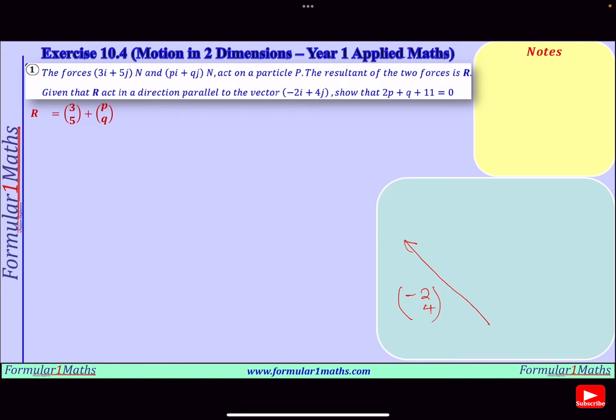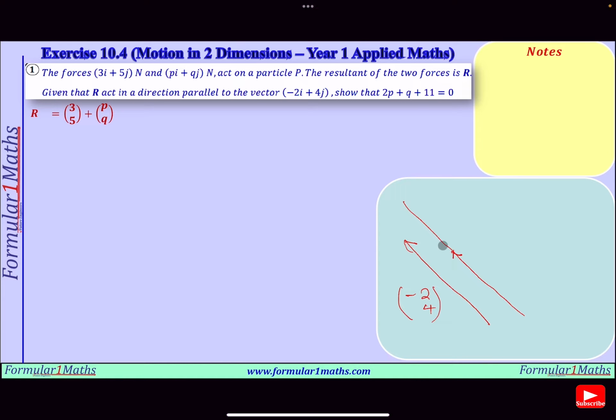I can draw another vector which is parallel to this, and because this vector is parallel to this, I can represent it by some constant k times this vector. So that will be minus 2, 4.